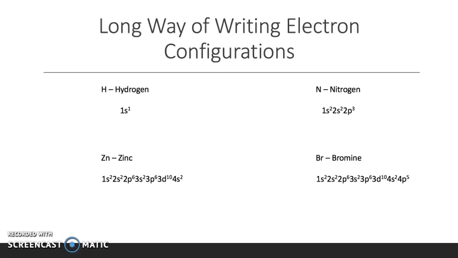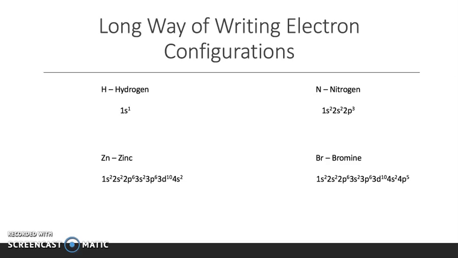It has a full 2s2 shell because it comes after that orbital. So the next orbital is the 2p orbital. Each p orbital has up to 6 electrons, and since nitrogen is the 3rd element within that orbital, it will have 3 electrons. So the full electron configuration for nitrogen is 1s2, 2s2, and 2p3. A little more complicated, but still pretty manageable.